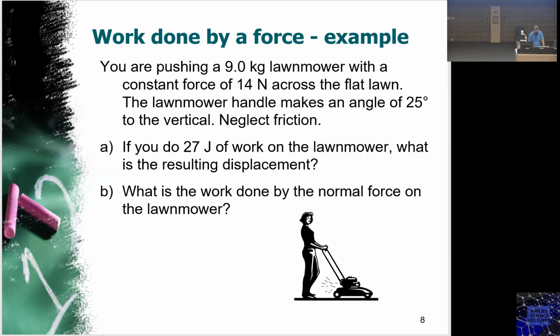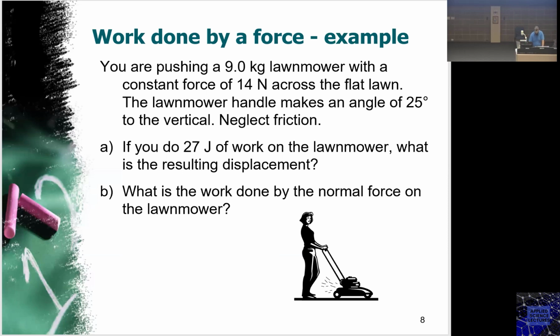Now, part A: if you do 27 joules of work on the lawnmower, what is the resulting displacement? So he's giving you the work that you've done on the lawnmower, and he wants the displacement. Part B: what is the work done by the normal force on the lawnmower?